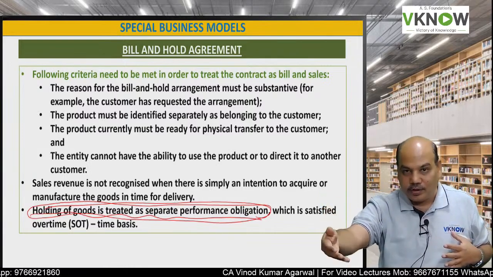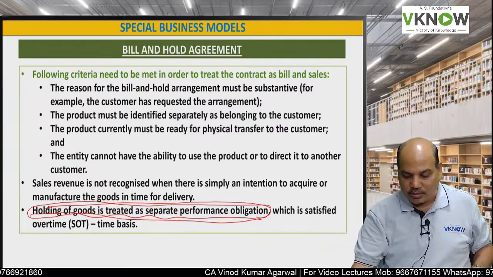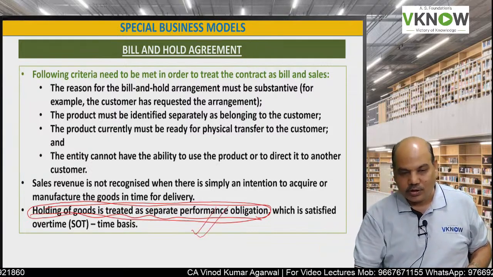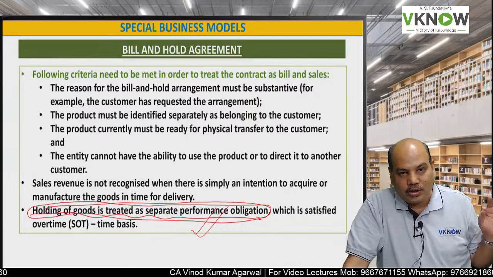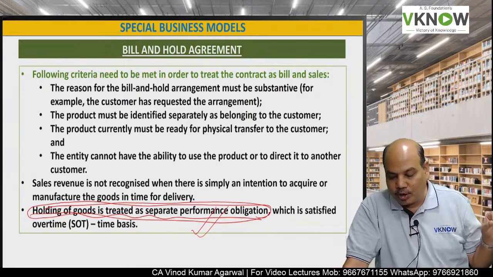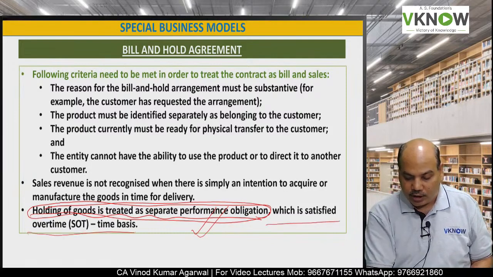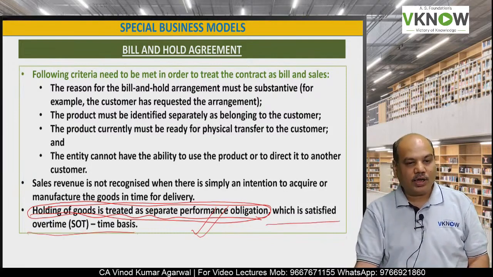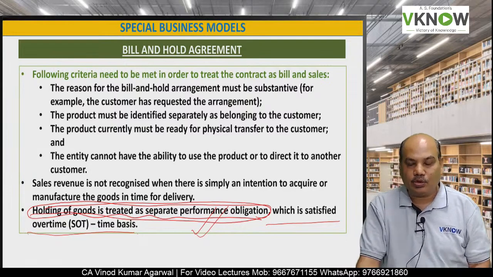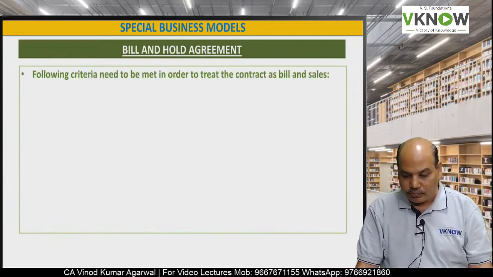You should take the delivery." The customer says, "Okay, I will take delivery after 3 months and you can charge me." That is treated as a separate performance obligation, which is satisfied over time basis. So that will be recognized as satisfied over time.